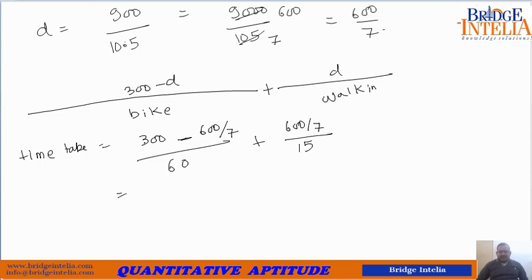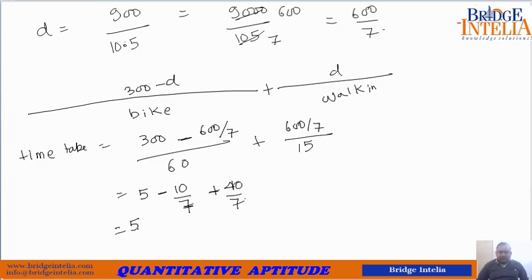So let's solve this. 300 by 60 is 5, minus 600 by 7 divided by 60, so 10 by 7, plus 600 by 7 divided by 15, that would be 40 by 7.